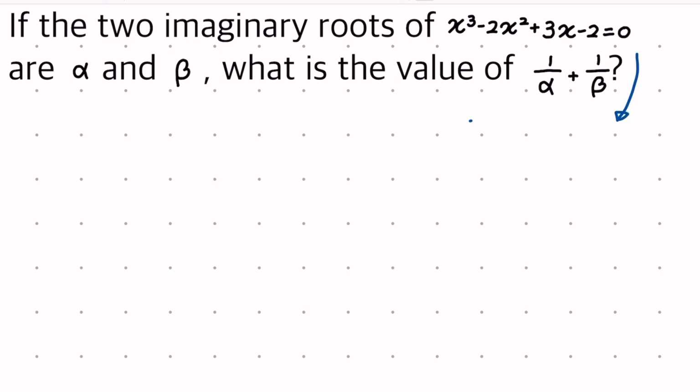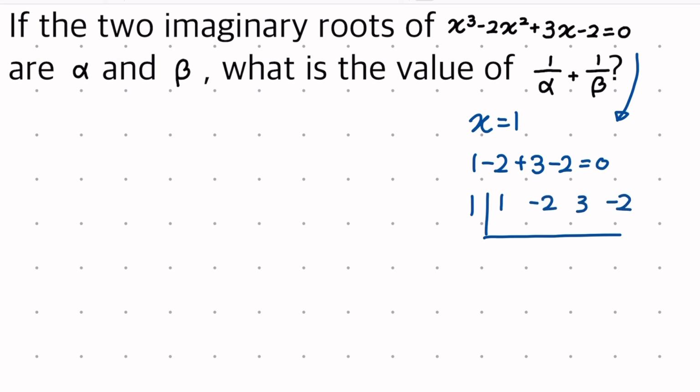If we plug in x equals 1 into this equation, we get 0. So we are going to write 1 over here. And then we are going to write down the coefficients of this equation. We're going to bring the 1 down, and then multiply, add, and repeat that a few more times.